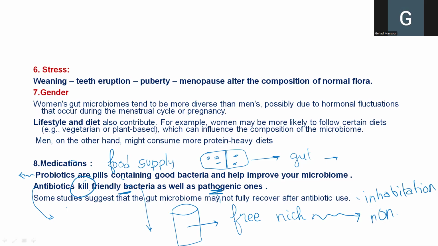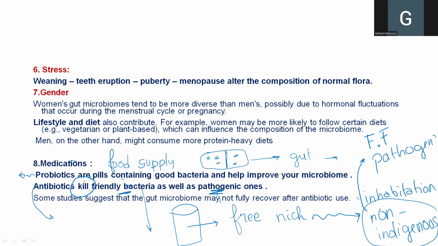Non-indigenous species are the species that are not normally present in this particular habitat, and you can never guarantee whether these non-indigenous species will be friendly flora or will be pathogens, and you can never guarantee that the ratio is 85 to 15 as normal.